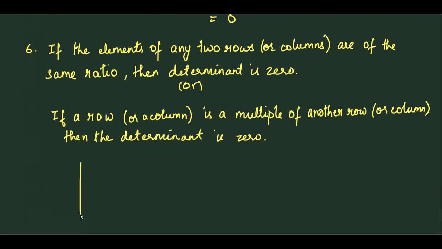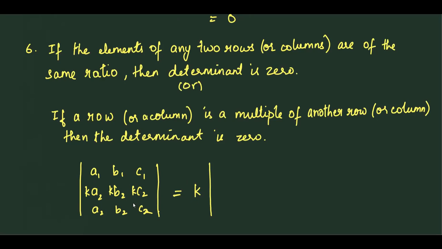So let us say you have the same problem as the previous one, A1, B1, C1, A2, B2, C2, A2, B2, C2, but you have the third row as K, K, K. This will be the same as K times the determinant of A1, B1, C1, A2, B2, C2, A2, B2, C2.